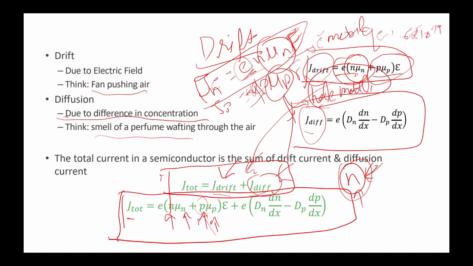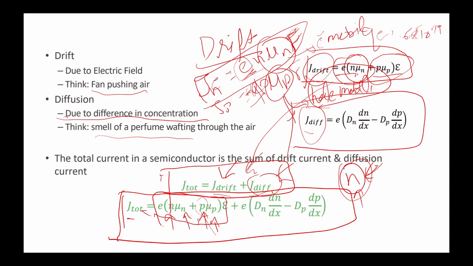So from this we can calculate the J drift current. That's why we were calculating the electron concentration and hole concentration in the previous lectures. That's why the Fermi level is so important to understand the basics of semiconductor devices.